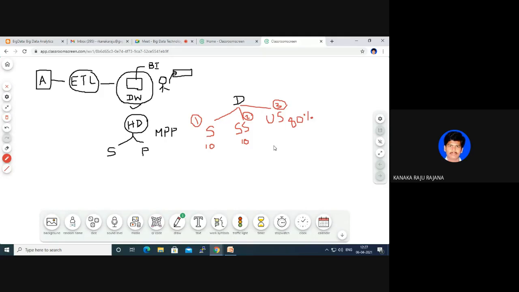And the most important point is this structured data will support SQL. Whenever we talk about the structured query language, this is nothing but your RDBMS, Relational Database Management System. Till now, whatever you have learned under DBMS.